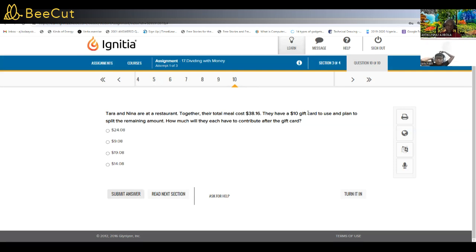Total cost is this, and they have a gift card to use, and they want to split the remaining. So you have to subtract $10 first, okay? When you subtract $10, you will have 28.16. Then you divide that by 2. So what is 28.16 divided by 2?